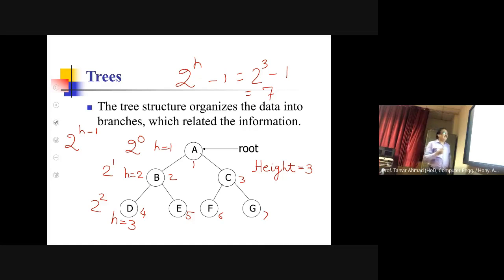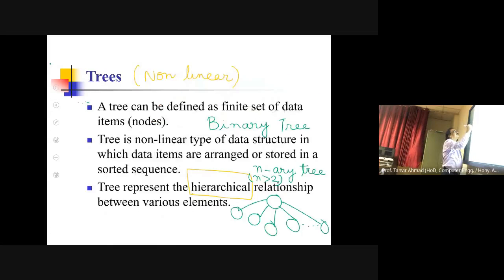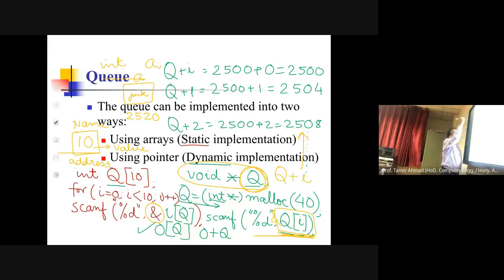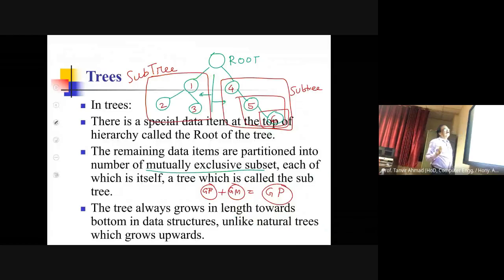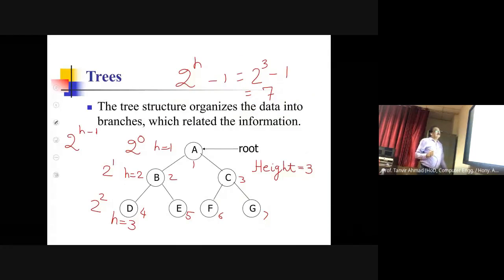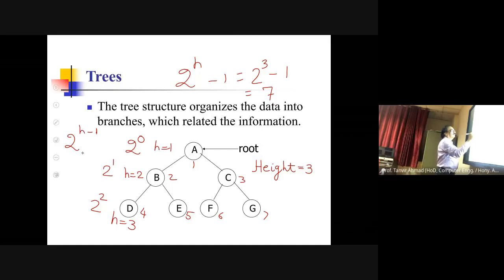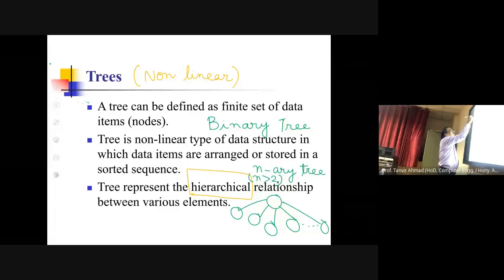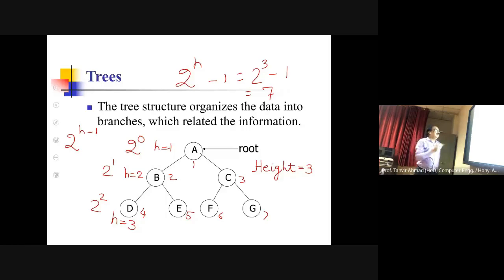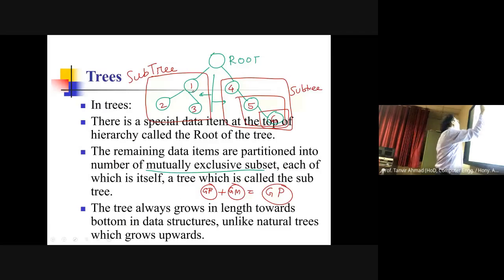And therefore, this will be replaced by n.